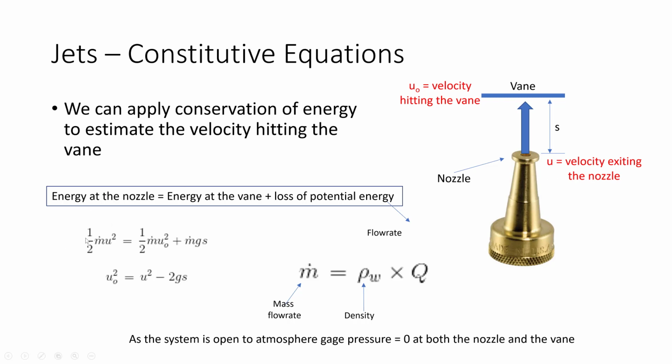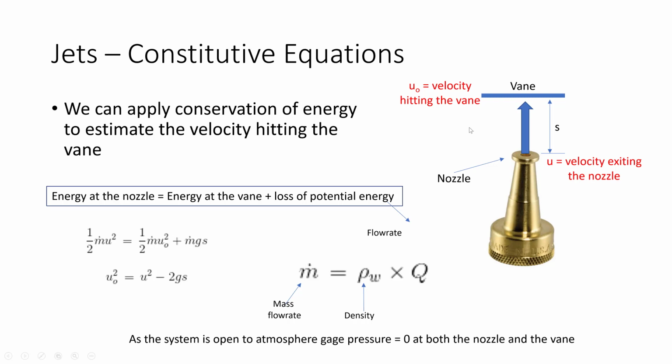So the energy at the nozzle is equal to the kinetic energy, which is half m dot u squared, m dot being the fluid mass flow rate, given as the density times the volumetric flow rate Q, which we have been measuring in the lab. That is equal to half m dot u naught squared, where u naught is the velocity with which the fluid is going to hit that vein, plus the potential energy term because of the movement of water from the datum to a distance s. So that's m dot g s.